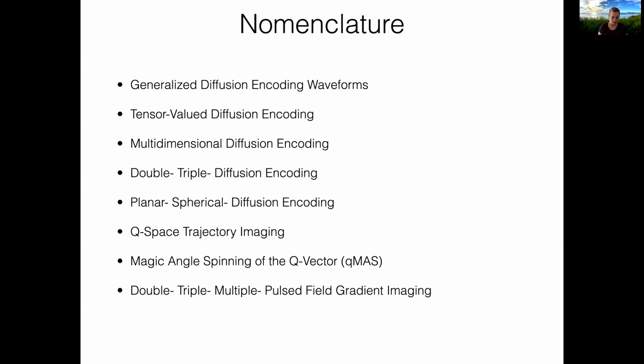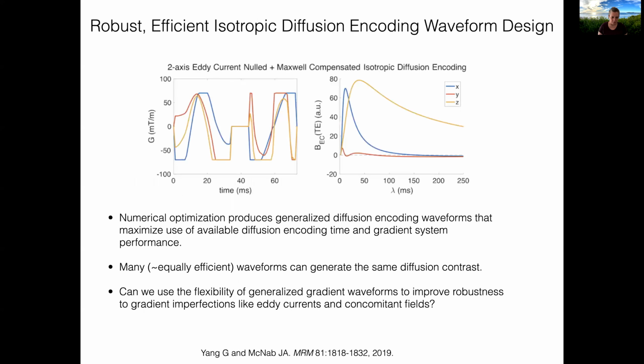So: generalized diffusion encoding waveforms, tensor valued diffusion encoding, multidimensional diffusion encoding, double triple diffusion encoding, planar spherical diffusion encoding, Q-space trajectory imaging, magic angle spinning of the Q vector, double triple multiple pulsed field gradient imaging. They are all used, and we haven't narrowed in on a consensus here, but lots of good work being done.